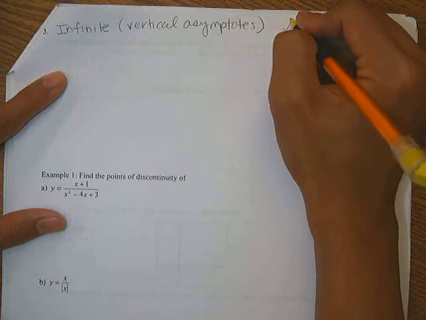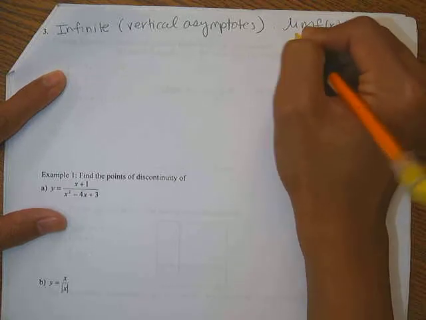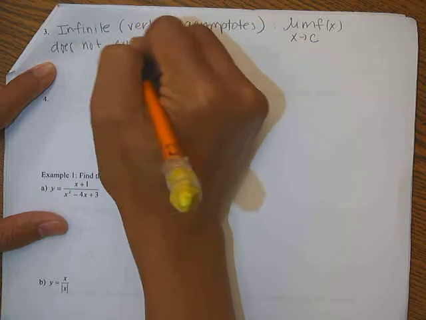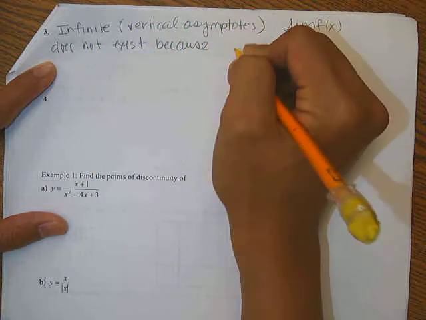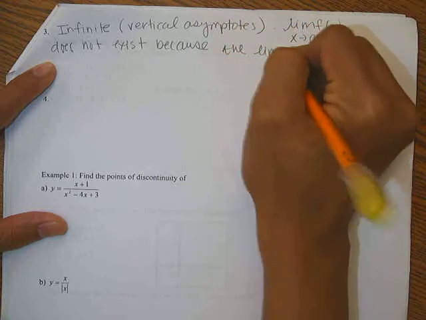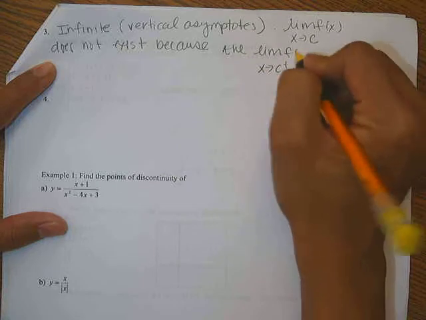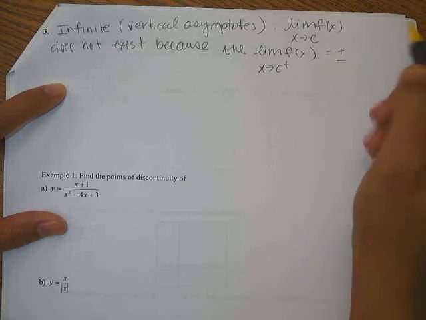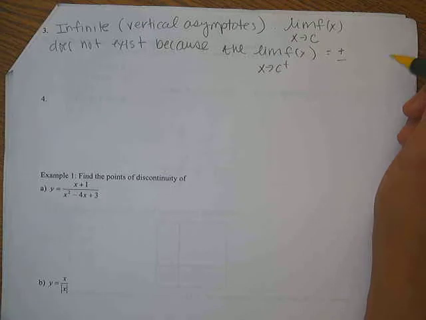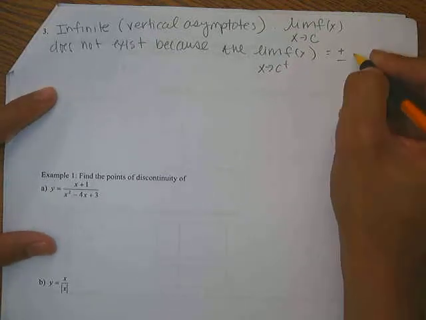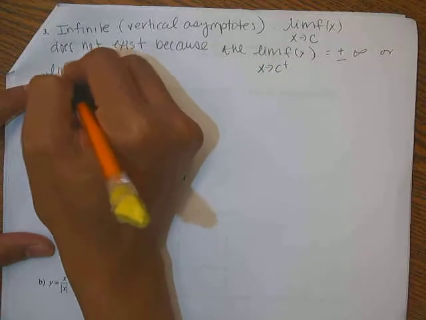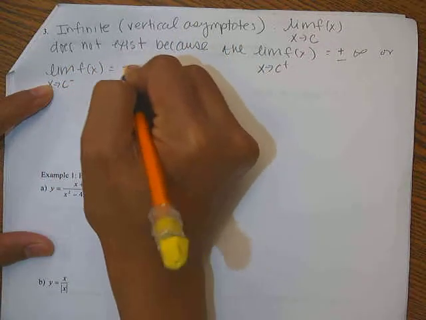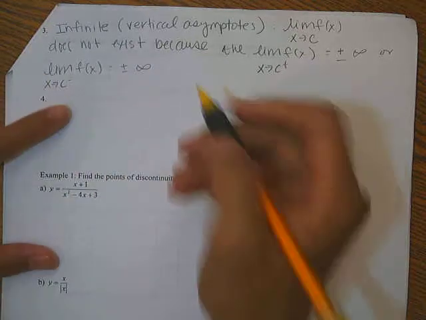When the limit of f of x as x approaches c does not exist, because the limit as x approaches c from the right of the same function f of x is equal to plus or minus infinity, or the limit as x approaches c from the left of this same function f of x is equal to positive or negative infinity, or both.